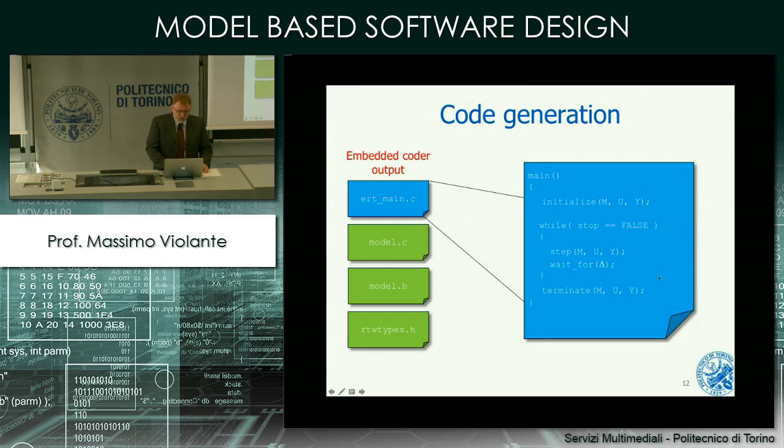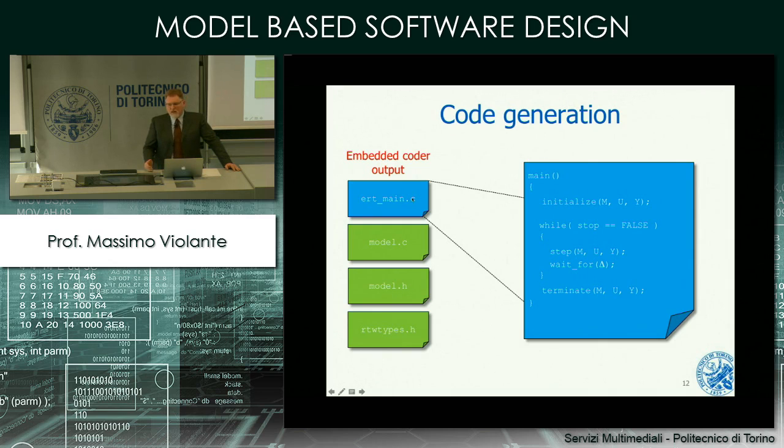Then we can have a look at the main.c. ERT_main.c is a kind of glue that brings together all the files that have been generated. I am using a different color here just to say that this is not model specific.